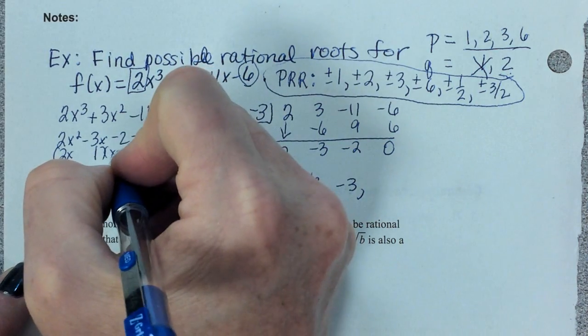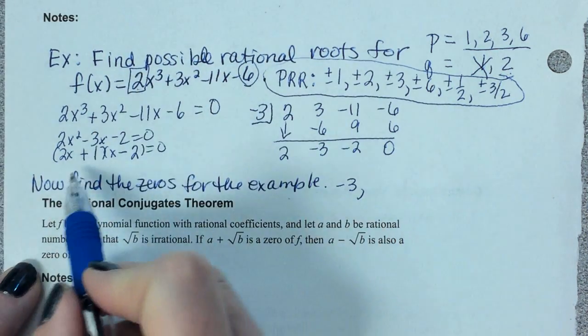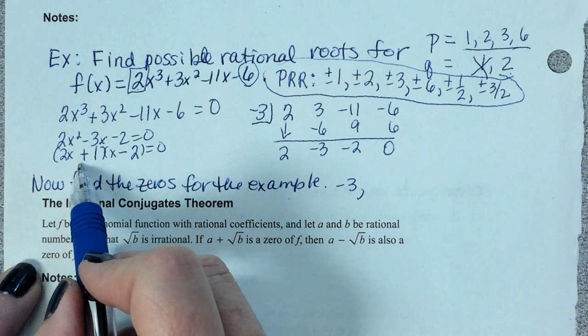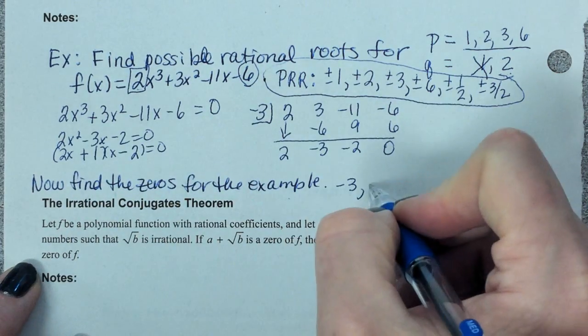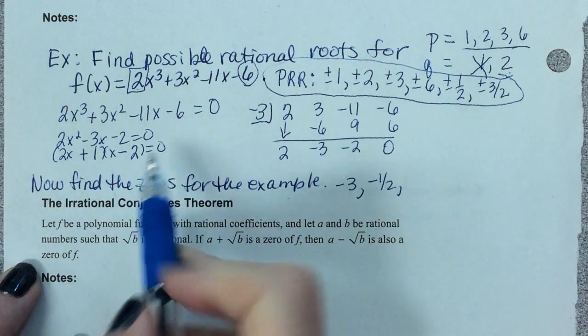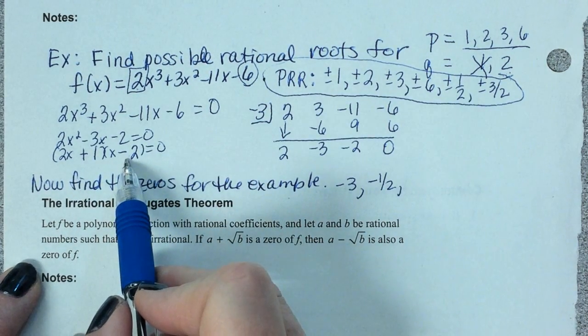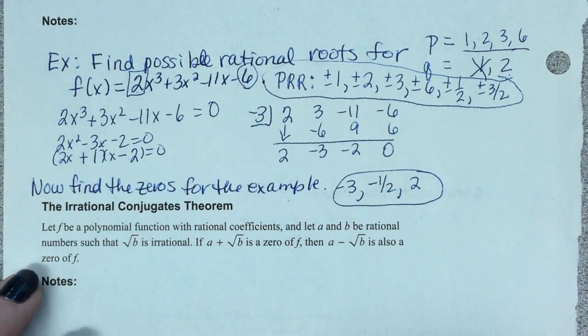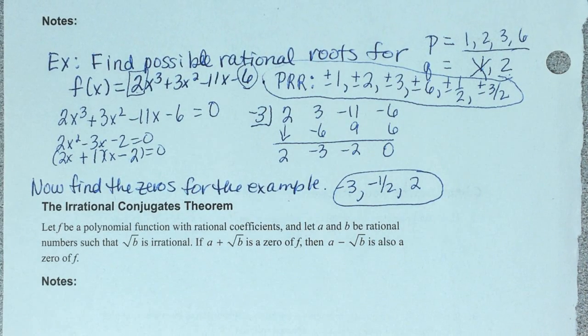In front of the 2, right? So this is the way it factors. So what's going to make this factor equal 0? -1/2, good. And what's going to make this factor equal 0? 2. And so those are going to be our 3 zeros right there.